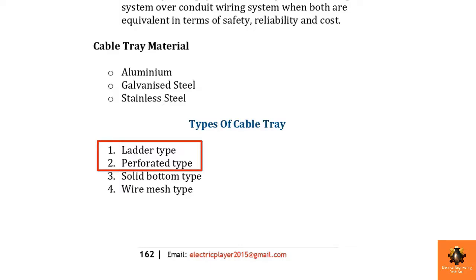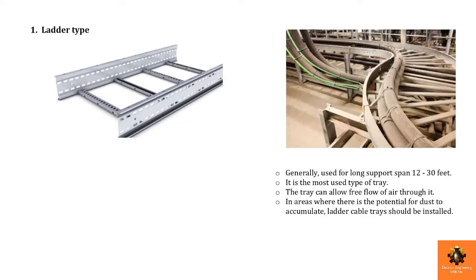First is the ladder type cable tray, and here is an image of a ladder type cable tray. This type of cable tray has these 2 side rails. These are the side rails connected by these rungs. These rungs provide convenient anchors for tying down the cables in non-horizontal cable tray runs.